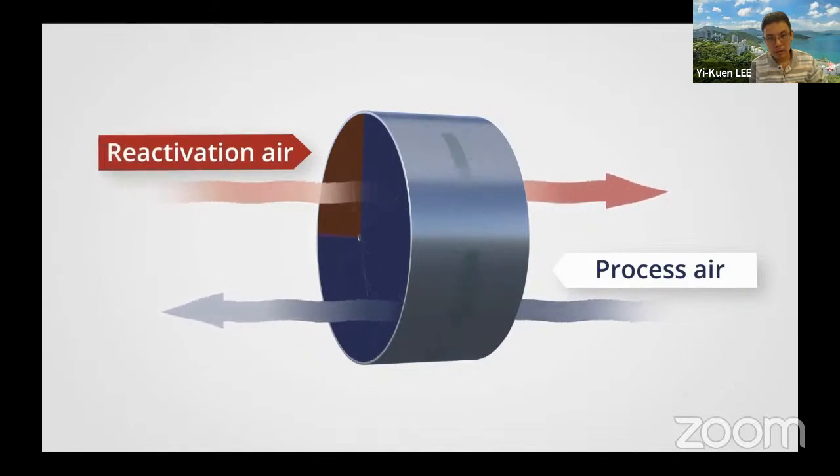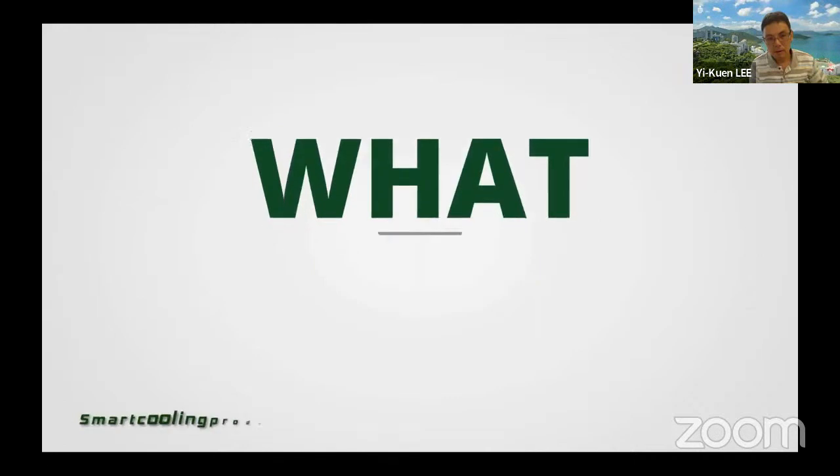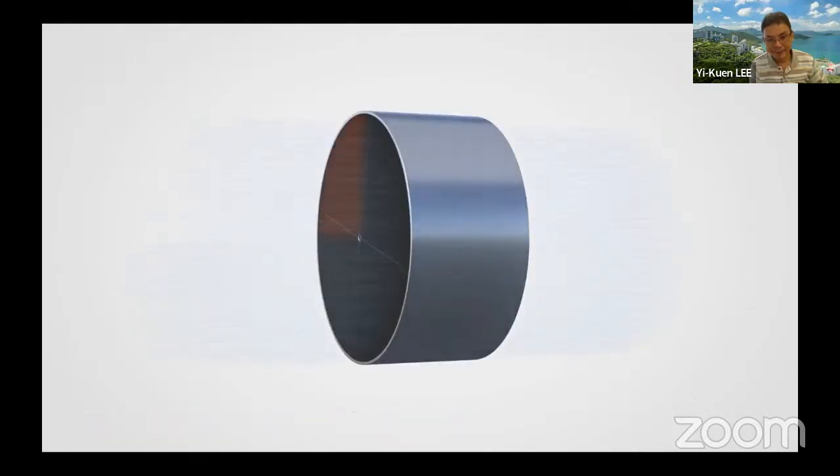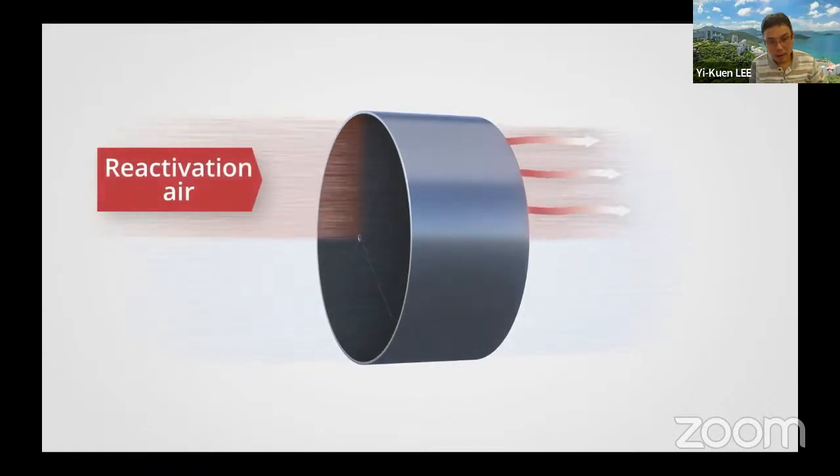As this wheel rotates, moisture is removed from the process air, which drops the grains of moisture per pound and in turn reduces the relative humidity. When the process air leaves the wheel, it is much drier than when it entered. But what happens to the moisture? That's where the reactivation air comes into play. This air is blown by a completely separate blower and airstream, and passes across electric heating elements prior to entering the wheel, raising the temperature of the air drastically.